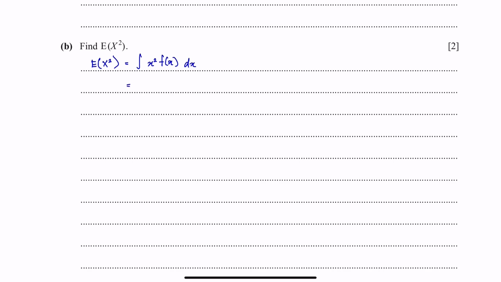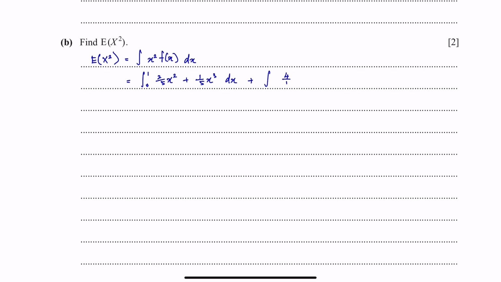So this means that we have the integration of 2/5 x squared plus 1/5 x cubed from 0 to 1 plus the integration of 4/5 x squared minus 1/5 x cubed from 1 to 2.